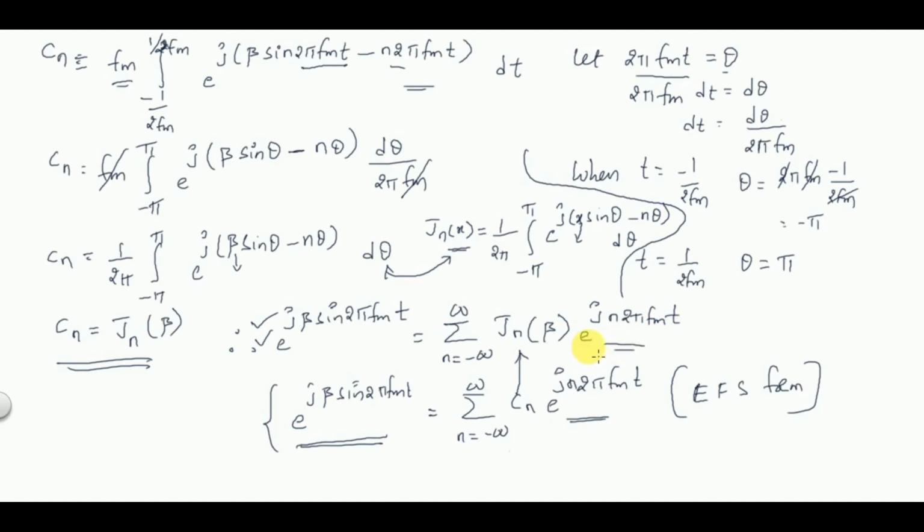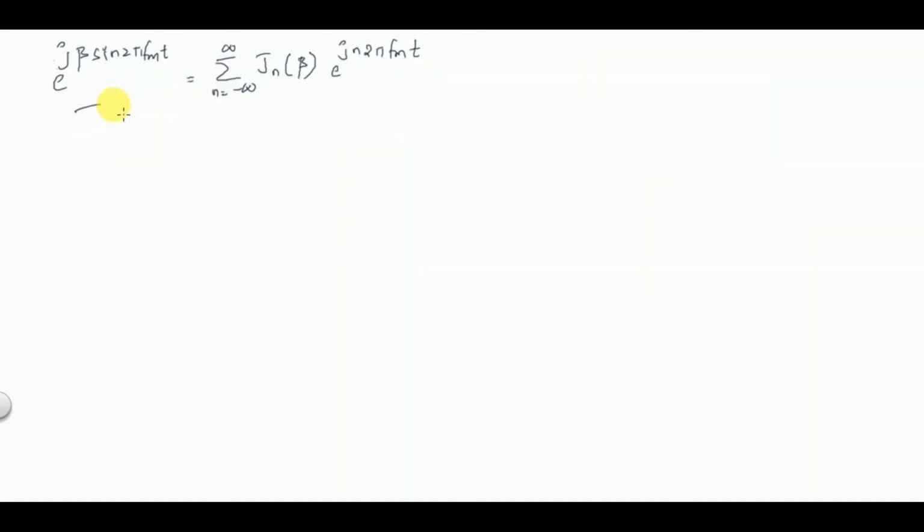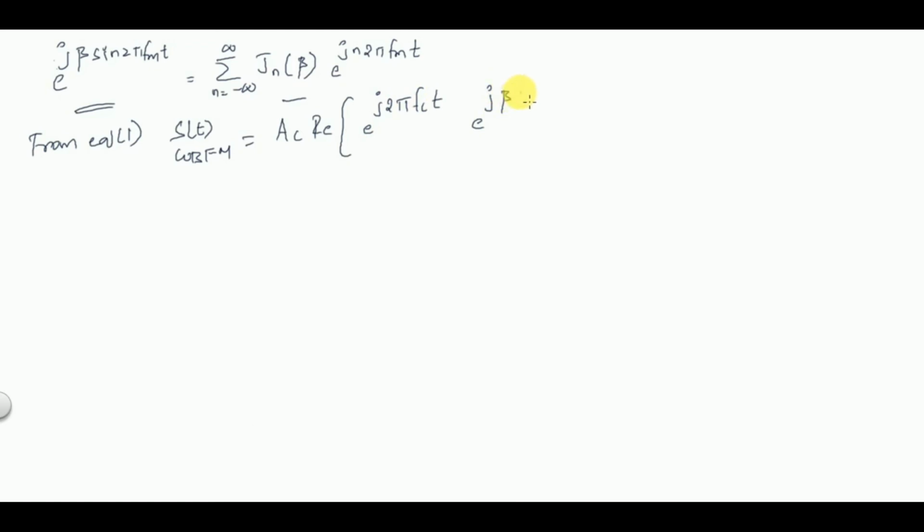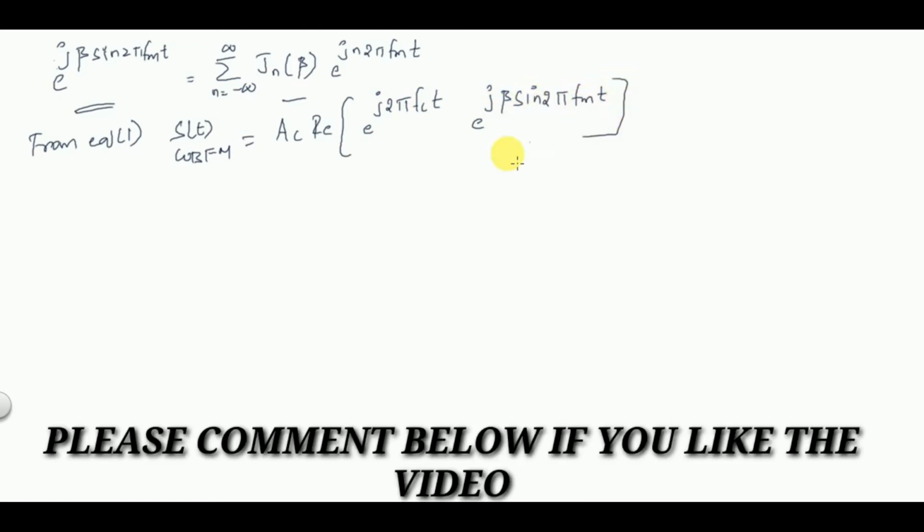Now we have obtained this: e power j beta sine 2 pi fm t is equal to this one. From equation 1 which we took in the previous slide, what is equation 1? S of t of WBFM we have taken as AC into real part of e power j 2 pi fc t into e power j beta sine 2 pi fm t.